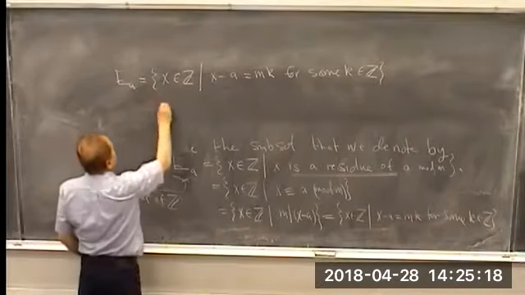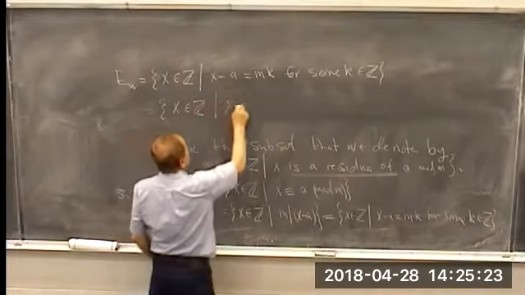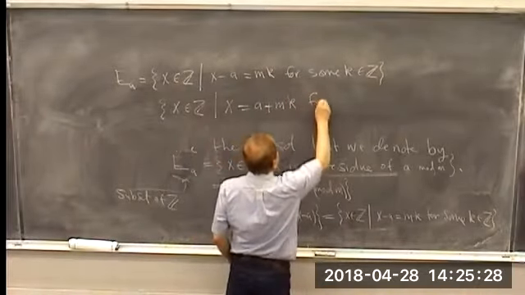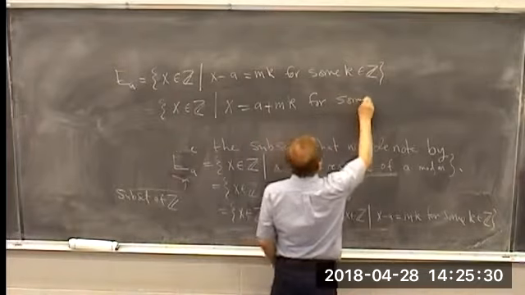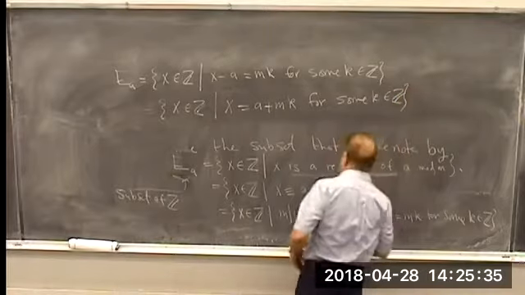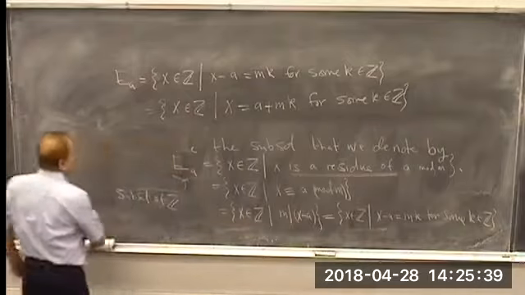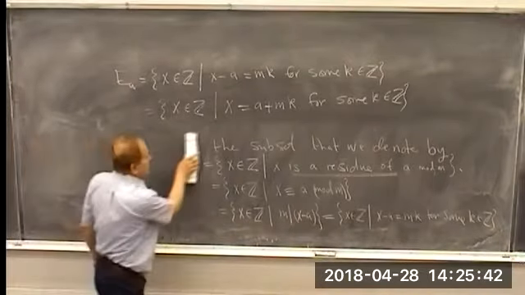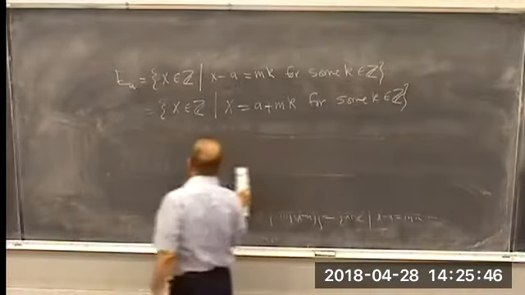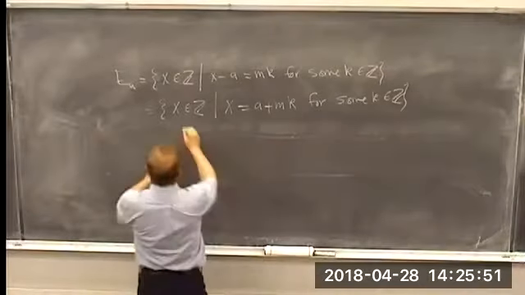If I write this as x equals A plus Mk, again for some k in Z, then if I want all the x's that can be expressed this way, I can write this without mentioning the x anymore, because the x appears in two places.